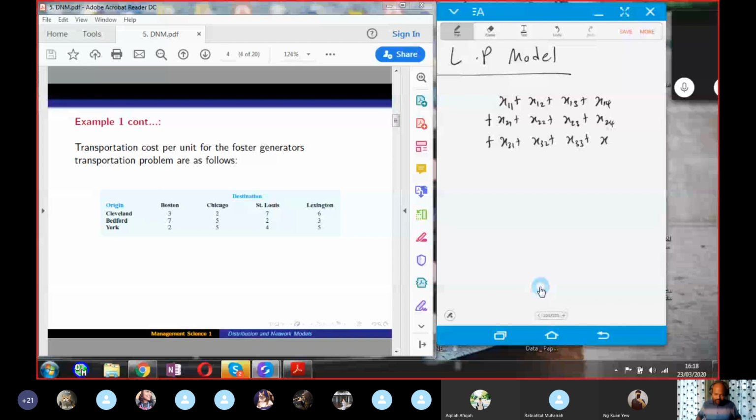Each line here is from Cleveland, this one is Bedford, this one from York. These are the quantities, each quantity.